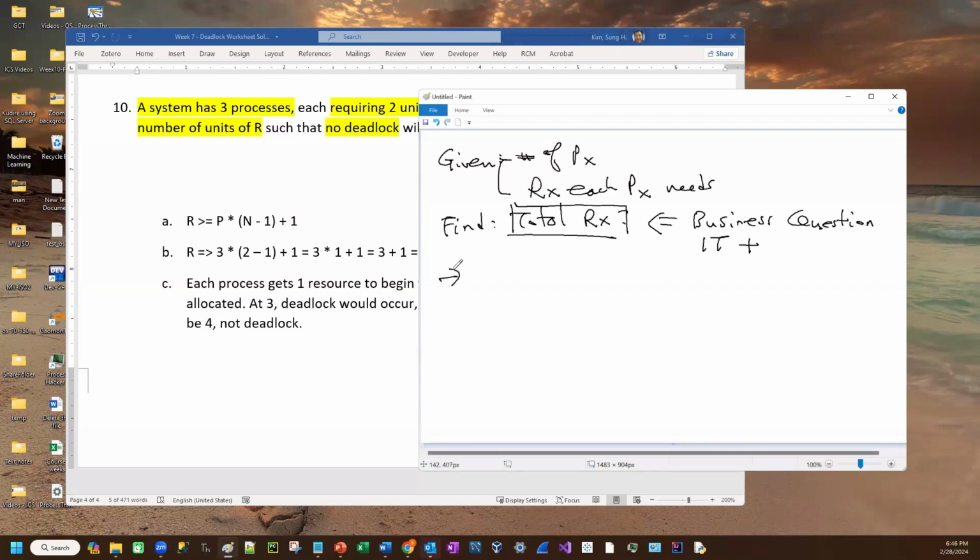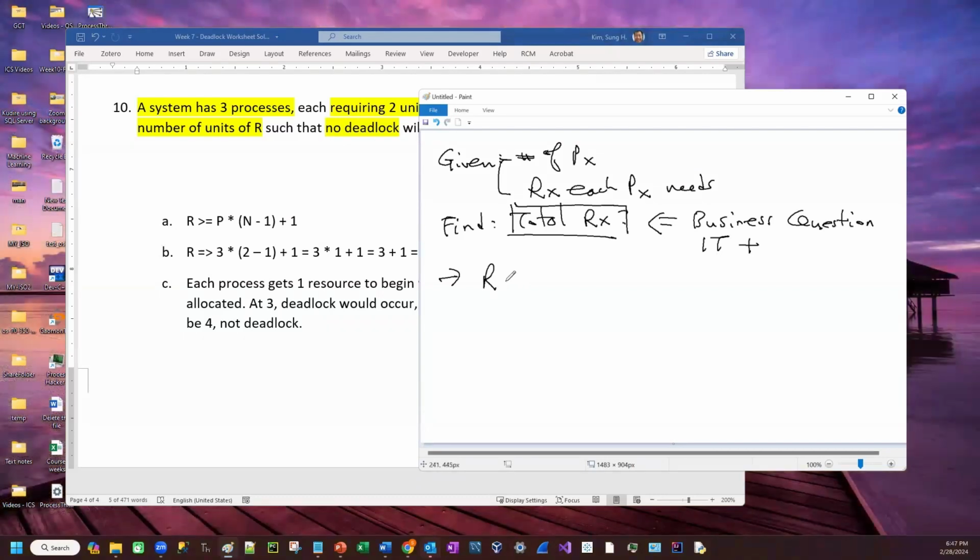And the solution is to use this equation here. The total amount of resources you need must be equal to or greater than P times N minus 1, plus 1. The P here is the total number of processes, and N is the number of resources each P needs.